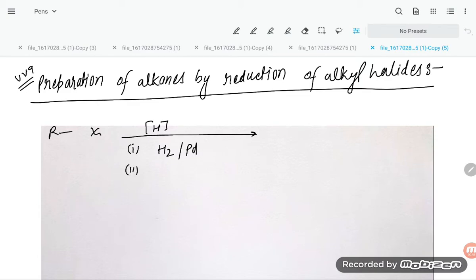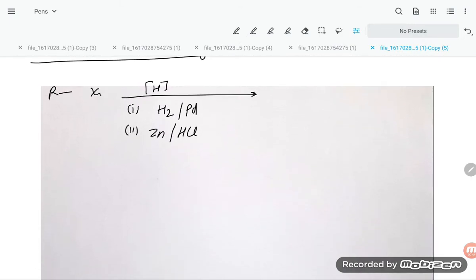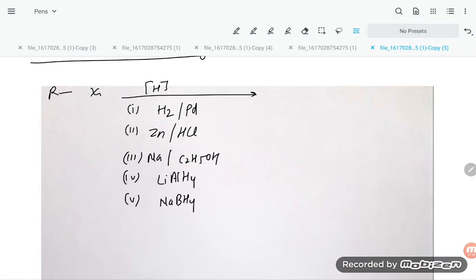Second, you can take zinc plus HCl. Third one, active metal in acid, Na plus C2H5OH. Fourth, LiAlH4. Fifth point, NaBH4.